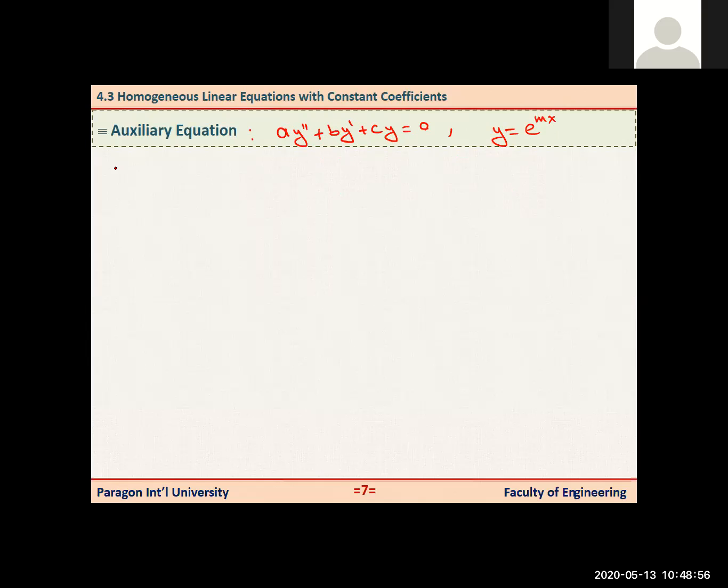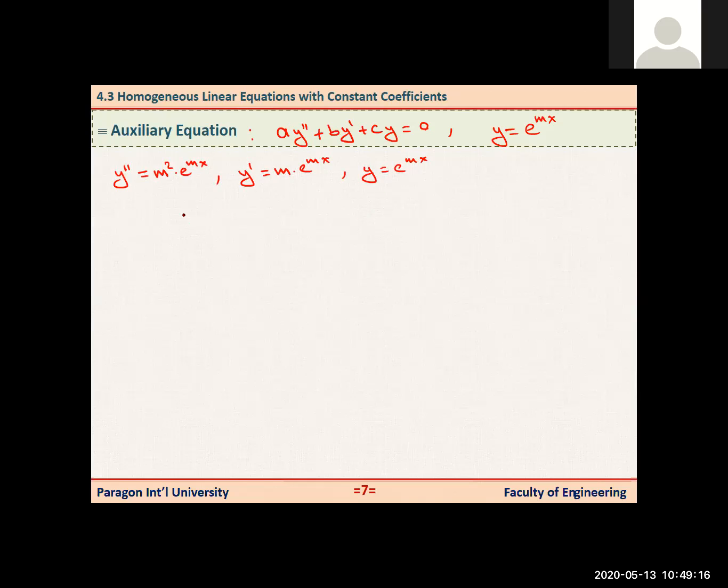So what is y double prime? y double prime is equal to m squared times e to the power mx. y prime is equal to m times e to the power mx, and y is equal to e to the power mx.